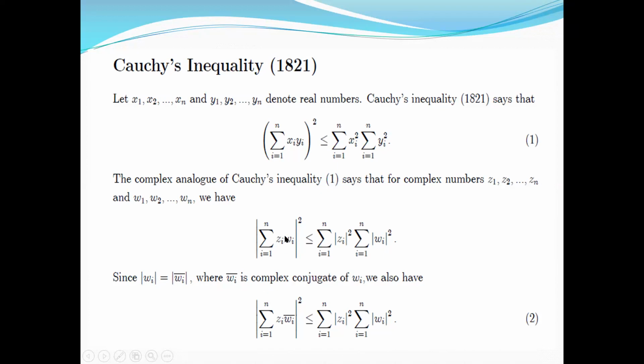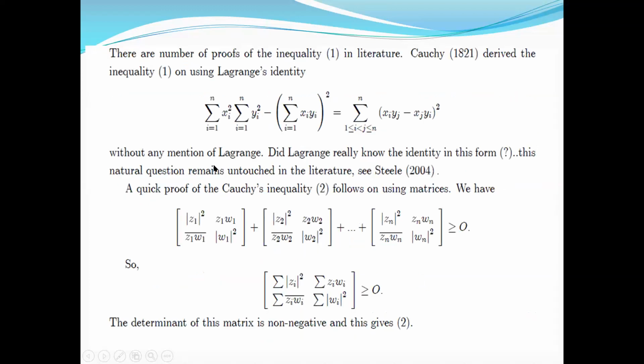So here we can also write wi conjugate in place of wi. The right hand side expression remains the same because we get the modulus of wi conjugate, which is the same as the modulus of wi. Now there are a number of proofs of this Cauchy-Schwarz inequality in the literature. Cauchy himself derived this inequality using the Lagrange identity.